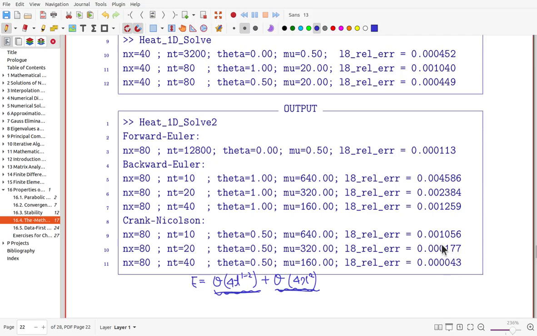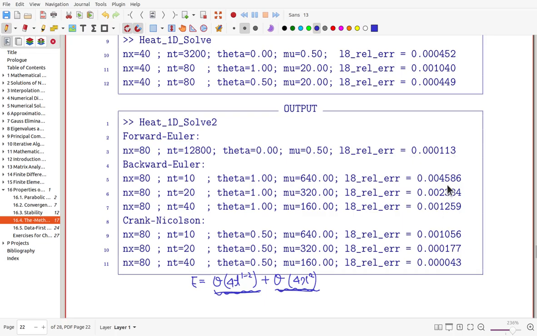And even though you are choosing only 40 points in the time direction, this error is way smaller than this one. Even though you choose this huge number of points, you can get only this kind of accuracy.